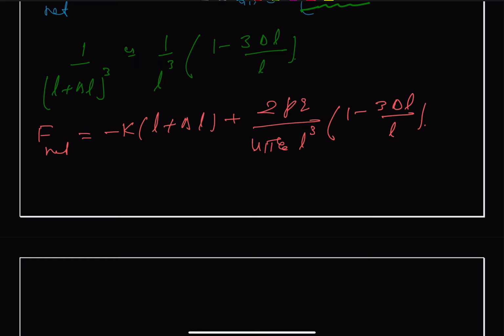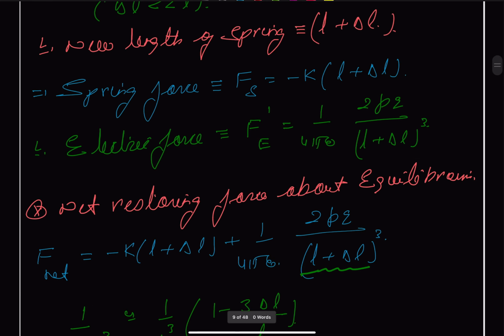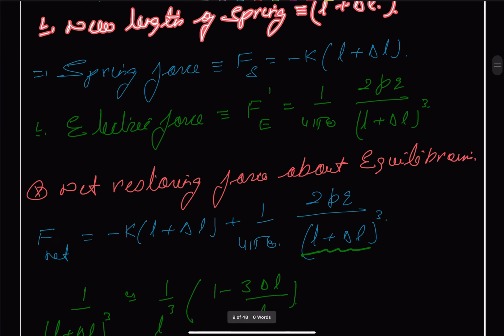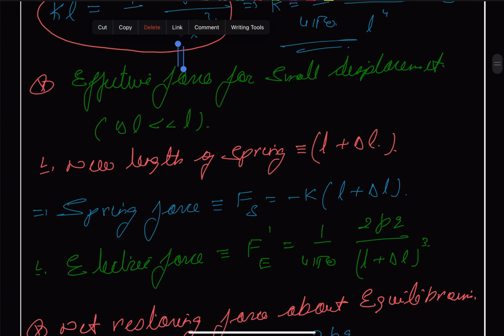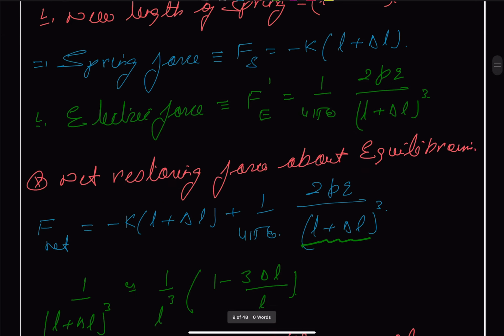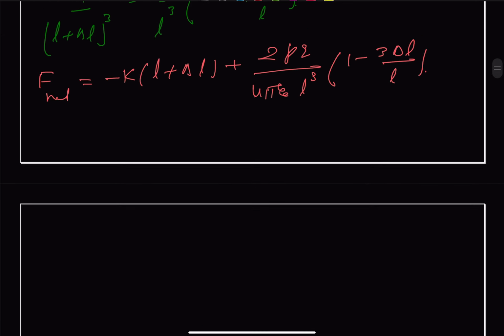Let me write this as equation 1. So from equation 1, we have that our KL is equal to 2pq divided by 4 pi epsilon naught L cube.